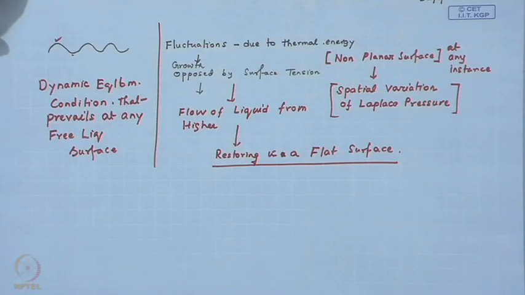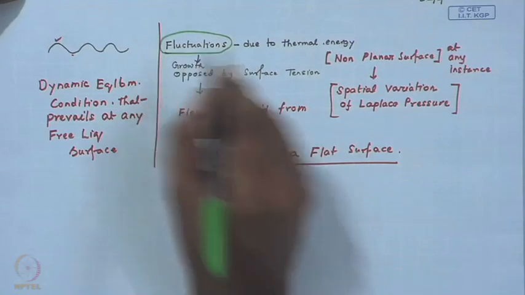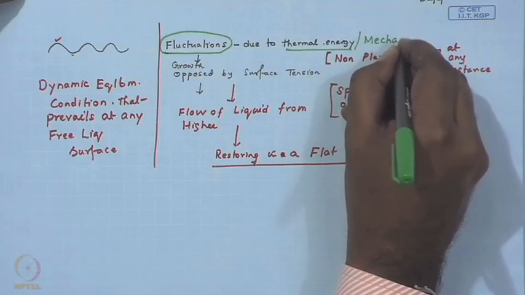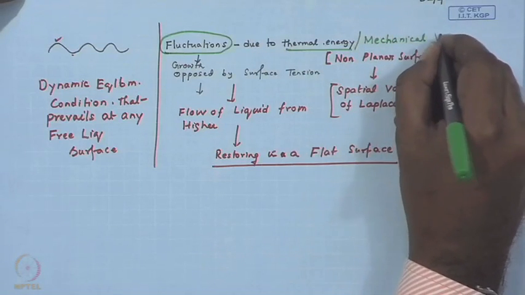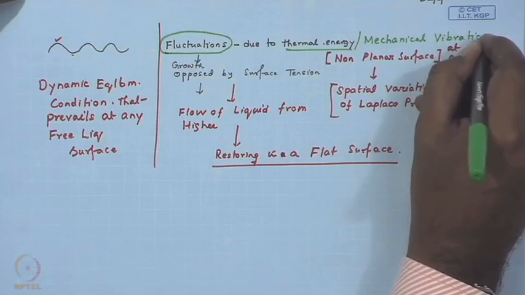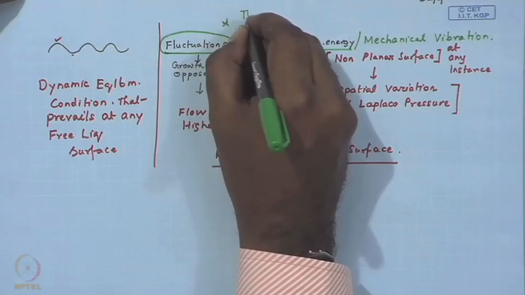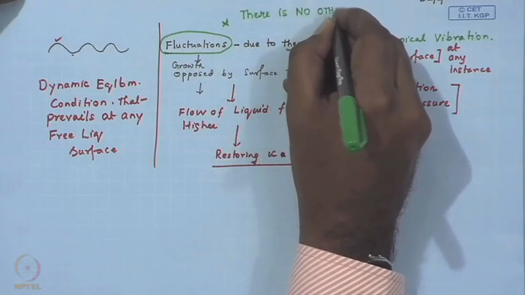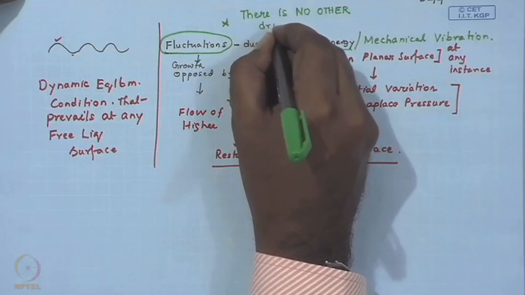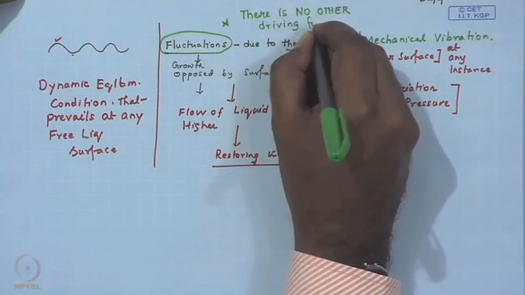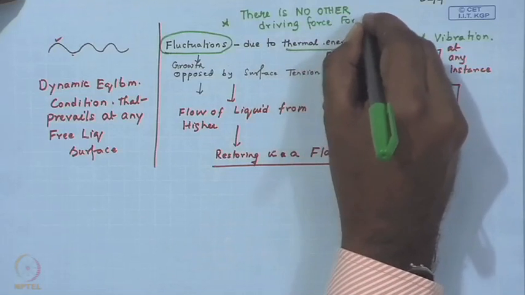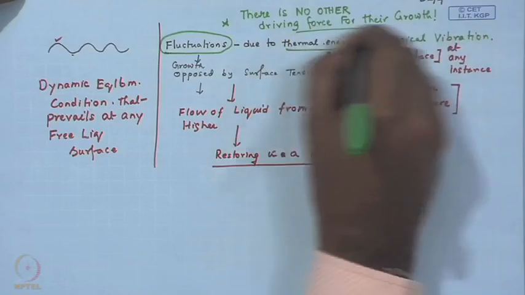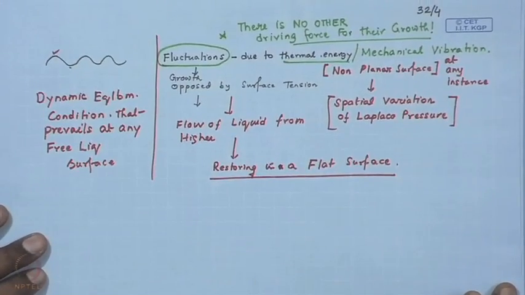The other important thing is that these fluctuations originate because of thermal noise or thermal energy or mechanical vibration, and there is no other driving force for their growth, particularly in a macroscopic object.